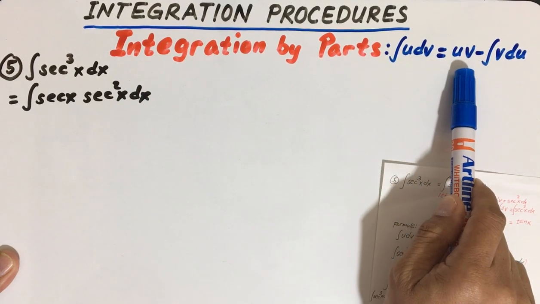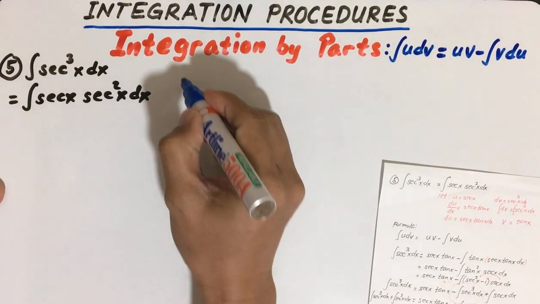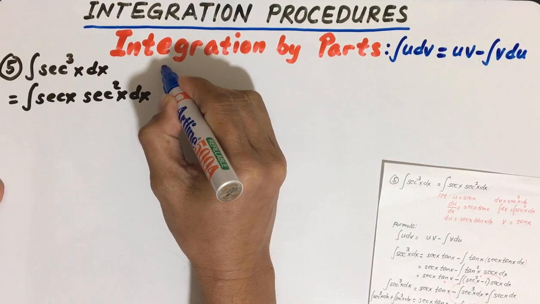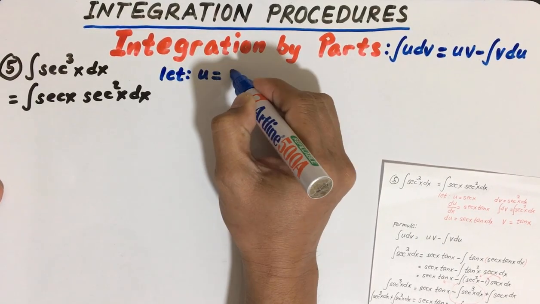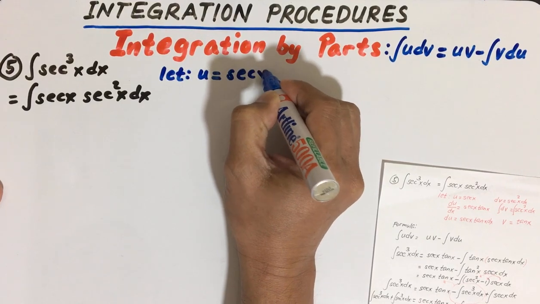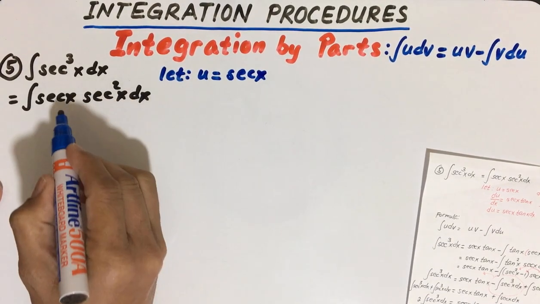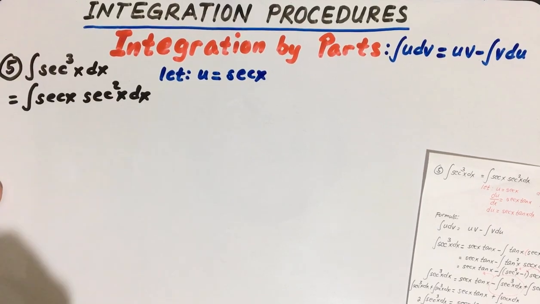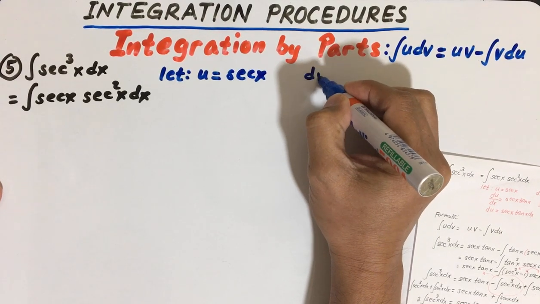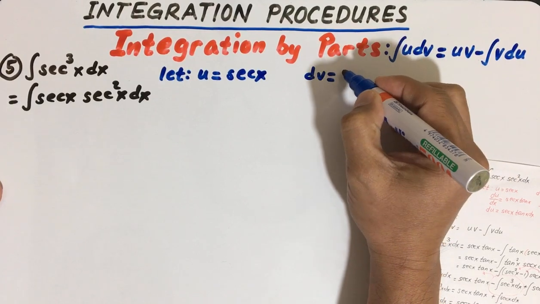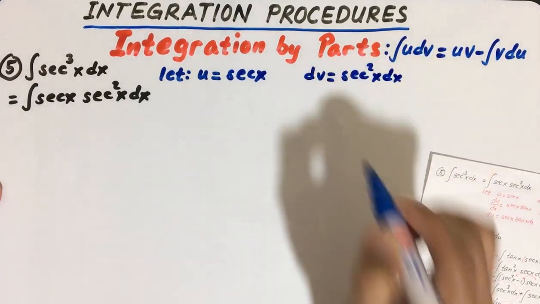So if we let u be equal to secant x, then the rest will be our dv, which is secant squared x dx.